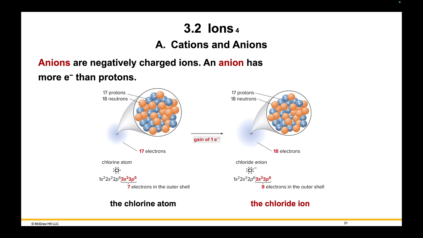Because chlorine has 7 valence electrons, being in group 7A, it's going to be much easier for it to gain 1 electron to become like a noble gas than it would be for it to lose those 7 valence electrons. And so when chlorine forms an ion, it's going to gain 1 electron, which means it's going to have 1 more electron than it has protons, and it's going to end up with that -1 charge.